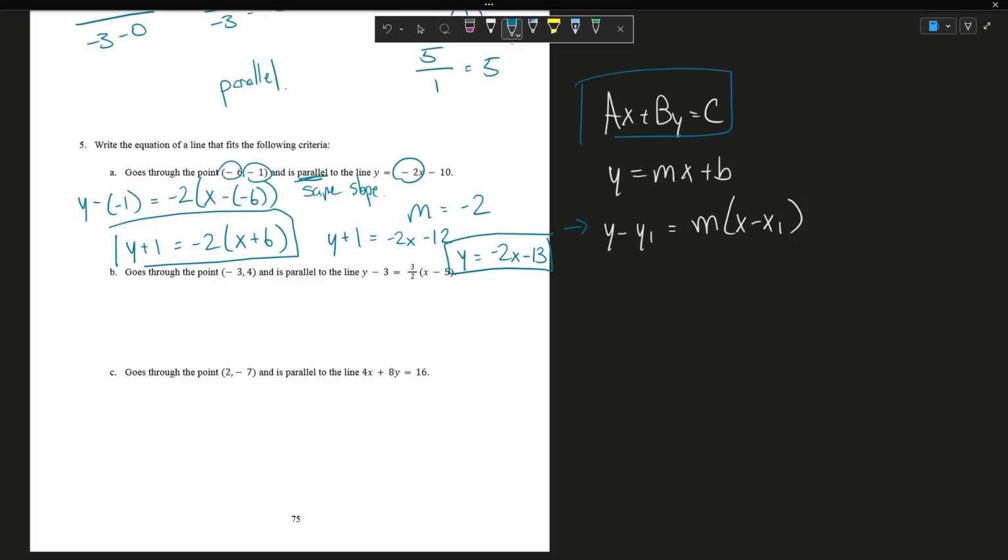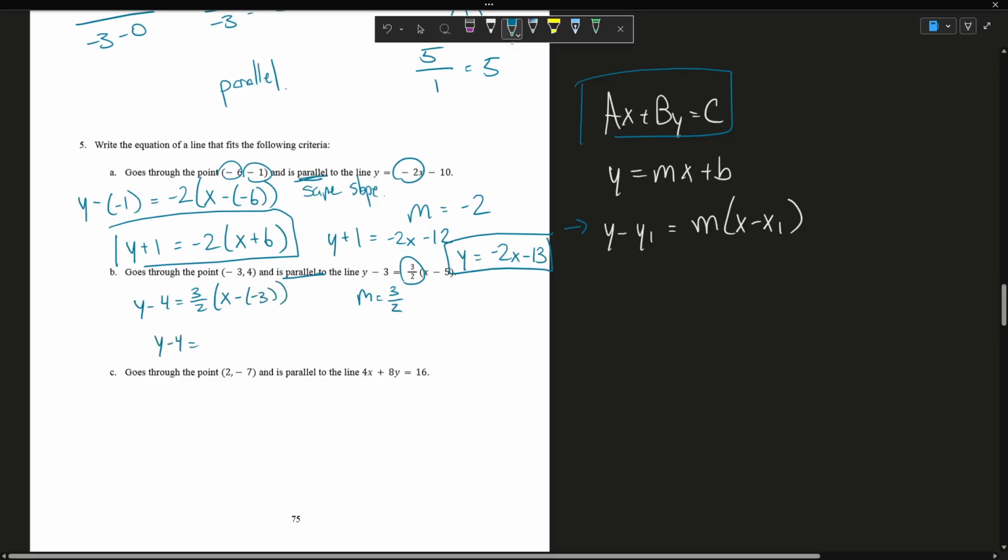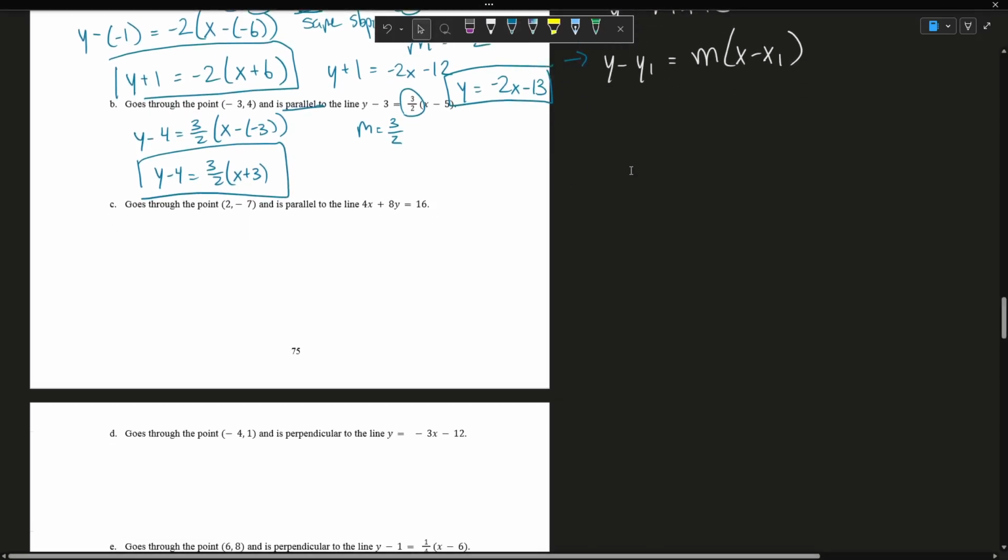I'll continue working. So we see it's parallel, same slope. M is 3/2. y minus 4 equals 3/2 times x minus -3. y minus 4 equals 3/2 times x plus 3. And lastly, at this point, parallel to this line.